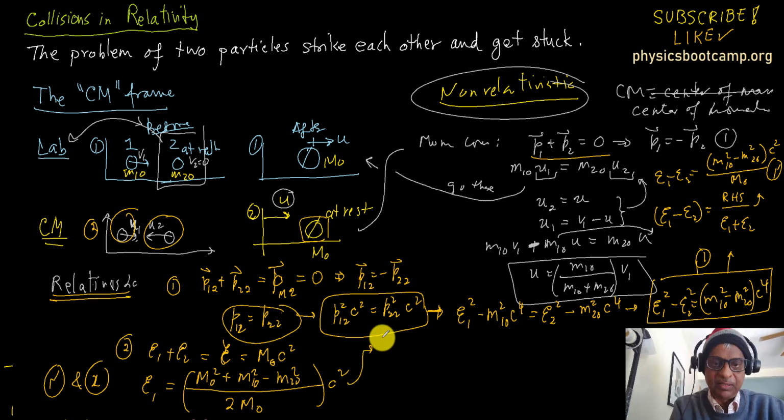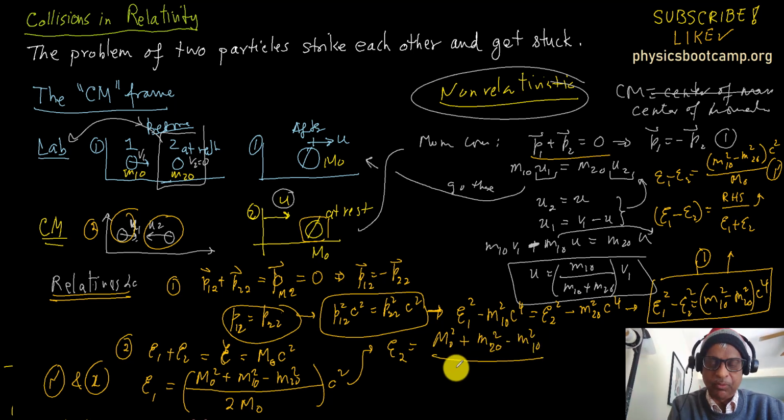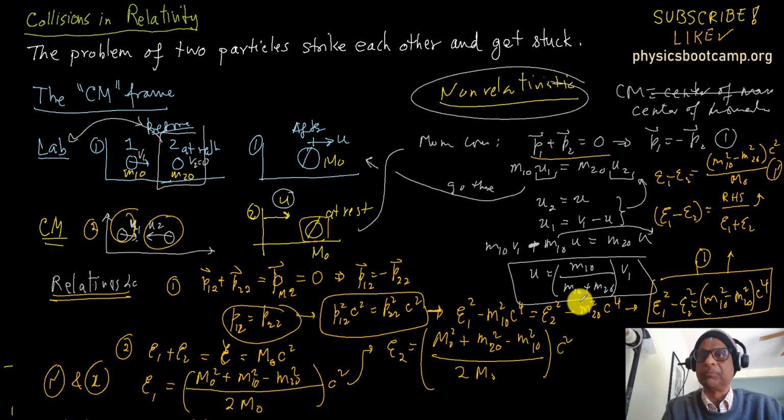And similarly you can get E2 is equal to M0 squared plus M2,0 squared minus M1,0 squared over 2 M0, times C squared.